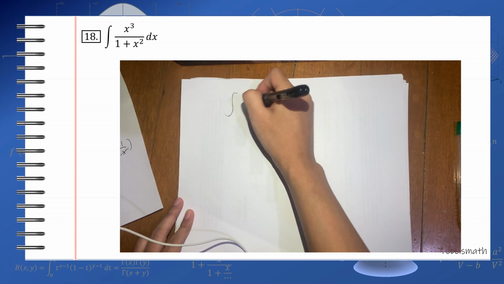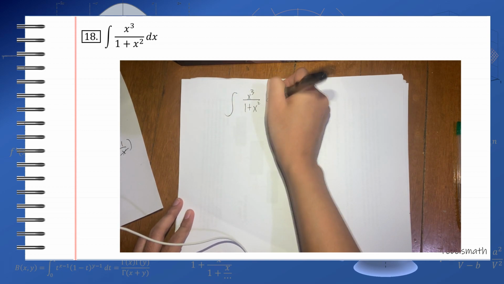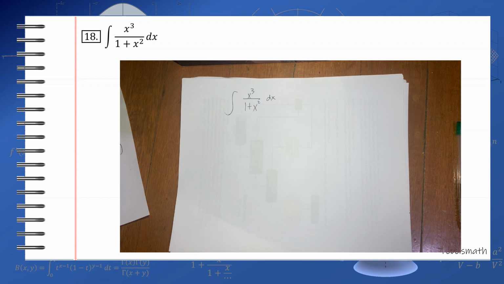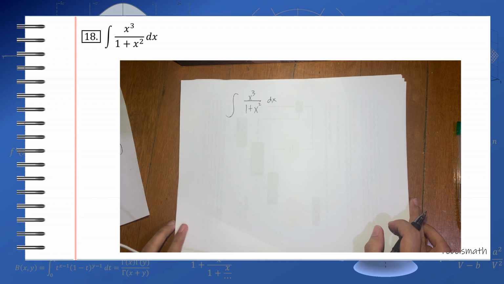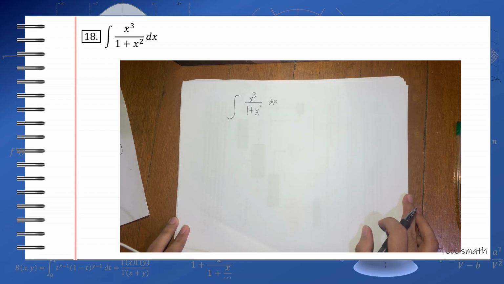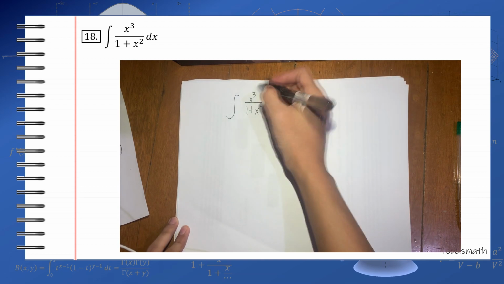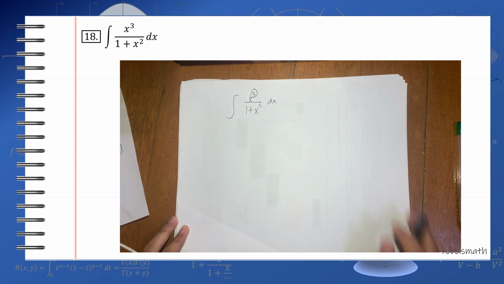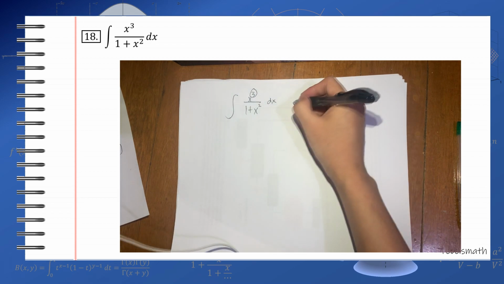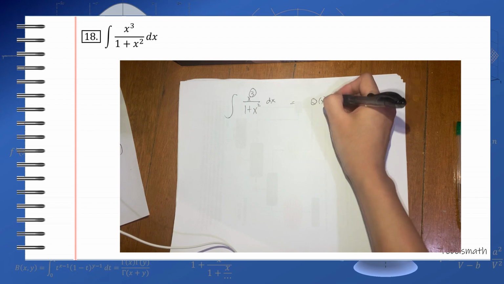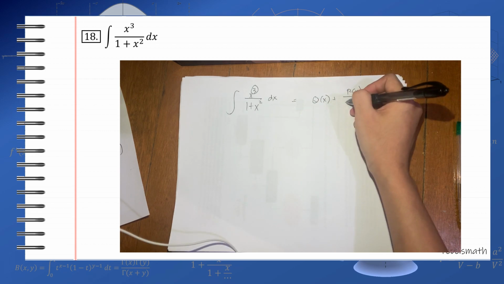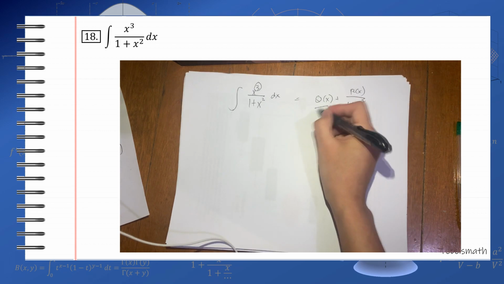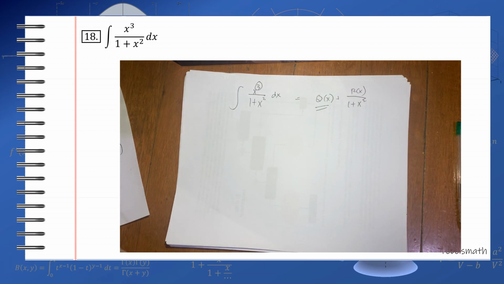It's the integral of x cubed over 1 plus x squared dx. I'm not sure about you, but I find it quite intuitive what to do next with this one. Because the degree of the numerator is higher than the denominator, we can write it as something like q of x plus r of x over 1 plus x squared.